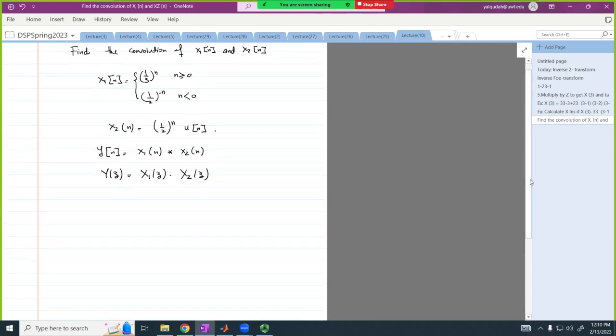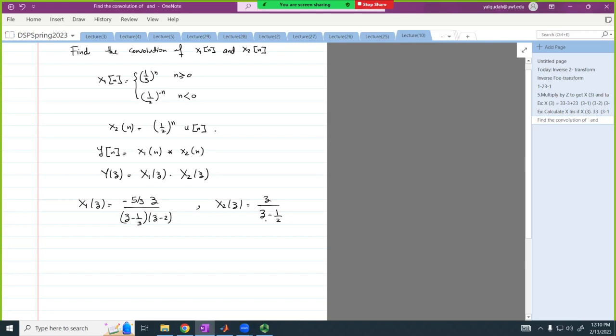Okay, so if I look at the first term, x1 of z, the z transform is given by negative 5/3 multiplied by z divided by z minus 1/3 multiplied by z minus 2. If I look at x2 of z, it is going to equal z divided by z minus 1/2.